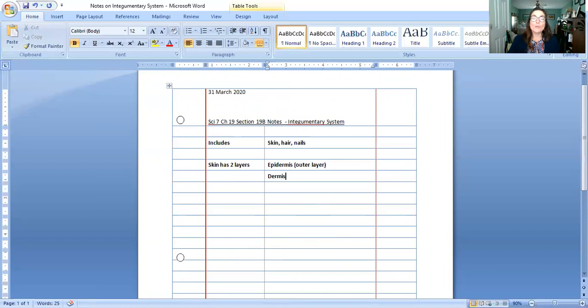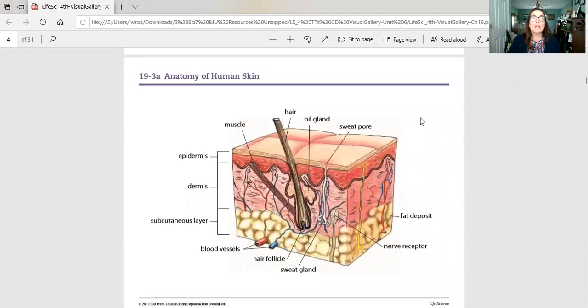Now in your book on page 416 is the picture that I'm going to show you now, which is why I ask you to have your book open. Okay, so we can see the epidermis, this upper layer here that looks sort of darker pink or red, and then the dermis layer is this lighter pink layer, and you know that you see that the dermis layer has all kinds of things in it, while the epidermis really is just mostly made of skin and some passageways for sweat and hair.